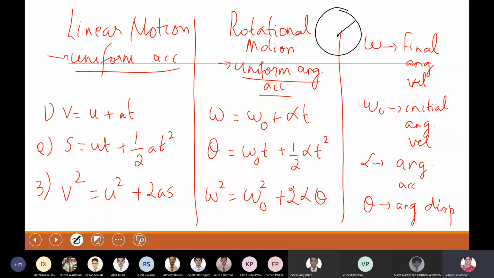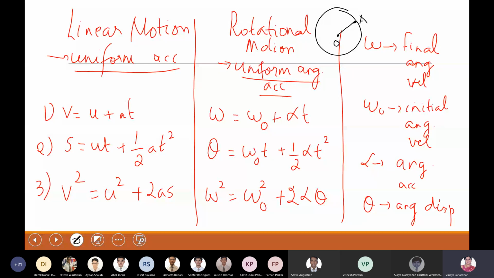Think of a string, one end of which you are holding at point O, the other end tied to a mass. Now you're swinging the string with a stone tied to it.